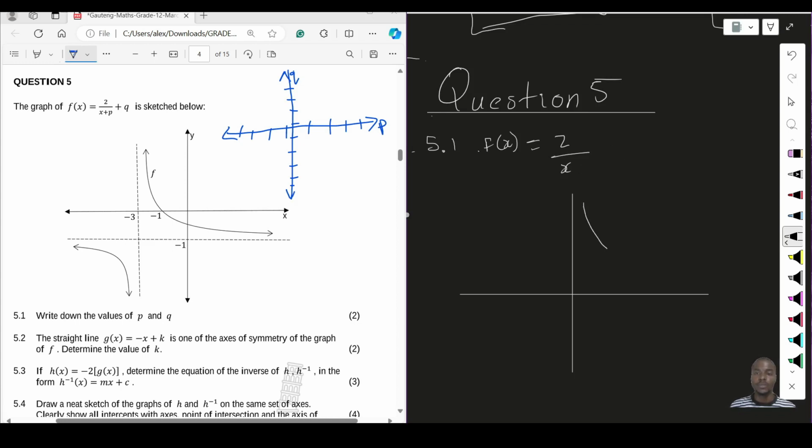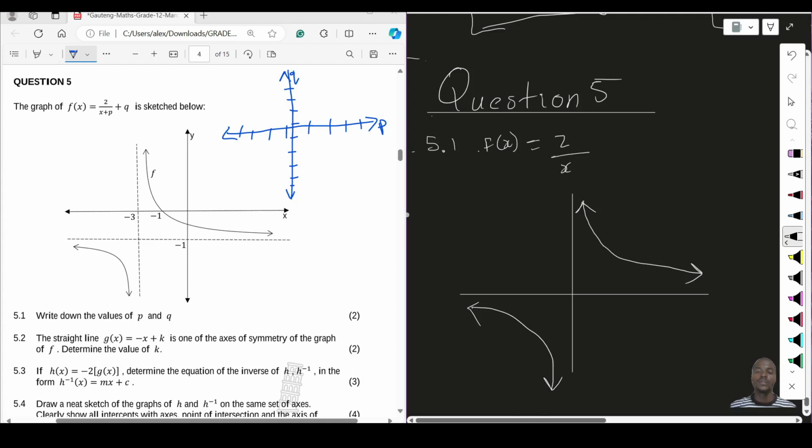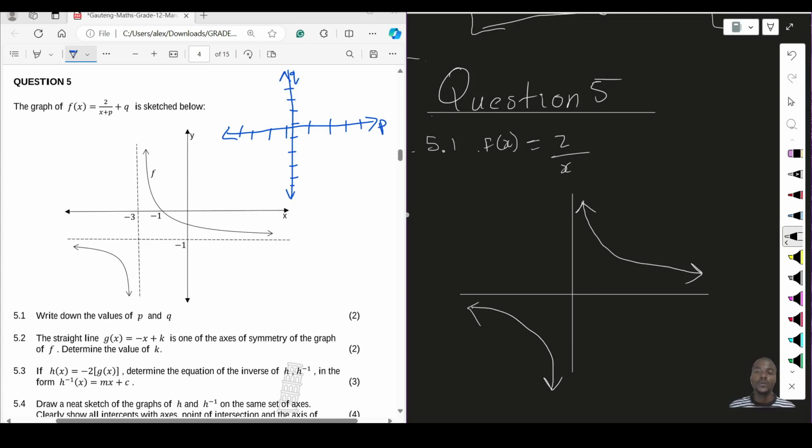This graph would have been something like this, if there was no p and q. But now, when we say let it move to this 3 here, it moves in the x direction. So this is minus 1, minus 2, then minus 3. So the graph will be shifted to that other side 3 units.